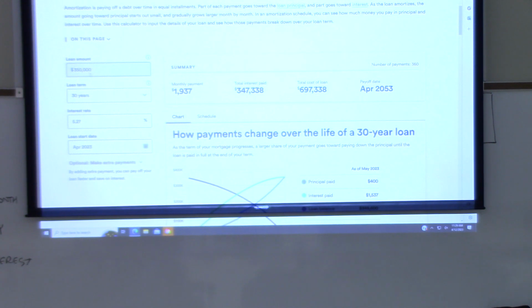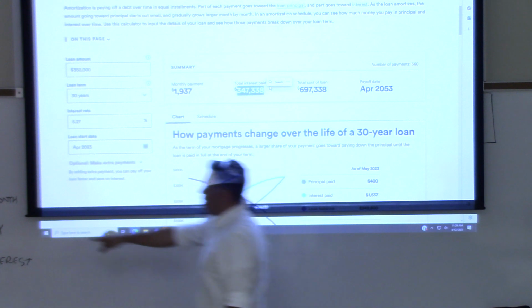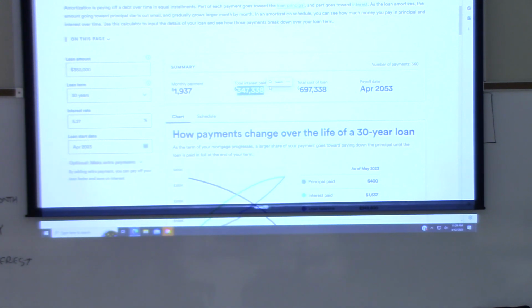So look at this. If we buy a $350,000 home, we are going to have a monthly payment of roughly $2,000. And this is the amount of interest you are going to pay. Remember, to borrow $15,000 for 4 years, it was that much money we paid in interest. For 5 years, we paid a little more. For 6 years, we paid more.